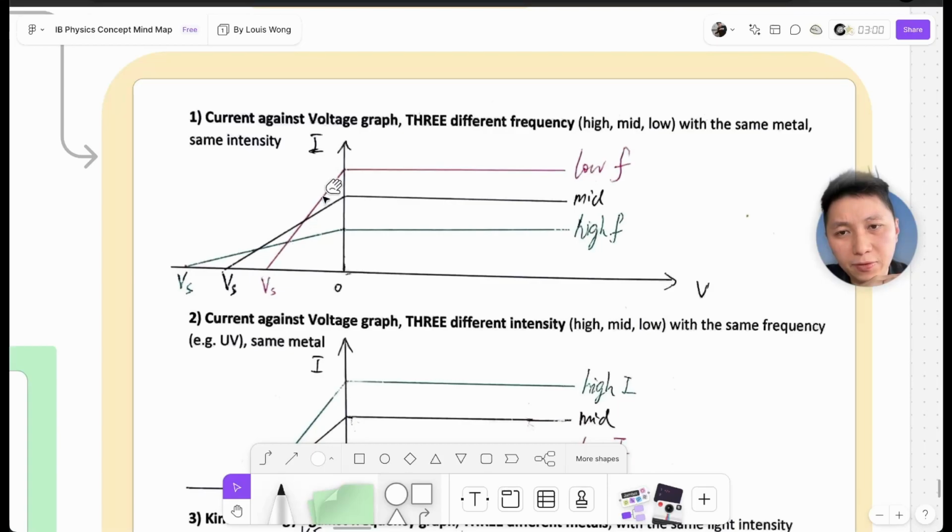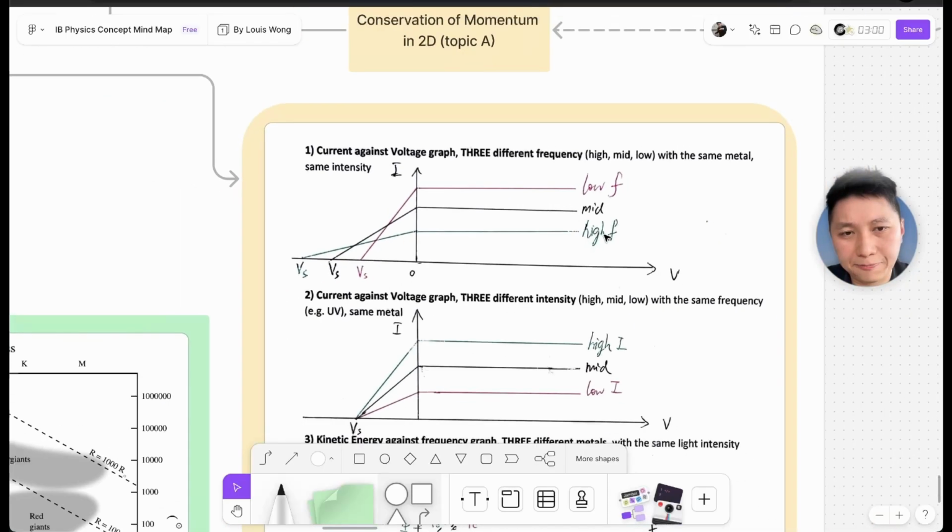For the lower frequency, you actually have the most electrons, because assuming they can still overcome the work function, you have more. For the higher frequency, although they have a higher stopping voltage because they are of higher energy, you cannot have too many, so the total number of electrons will be less, and therefore the current will be less.